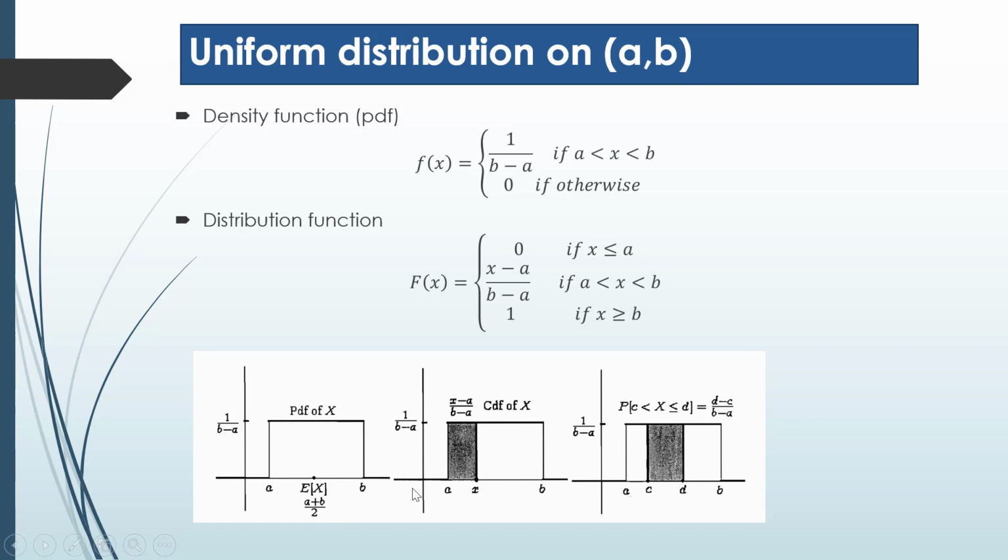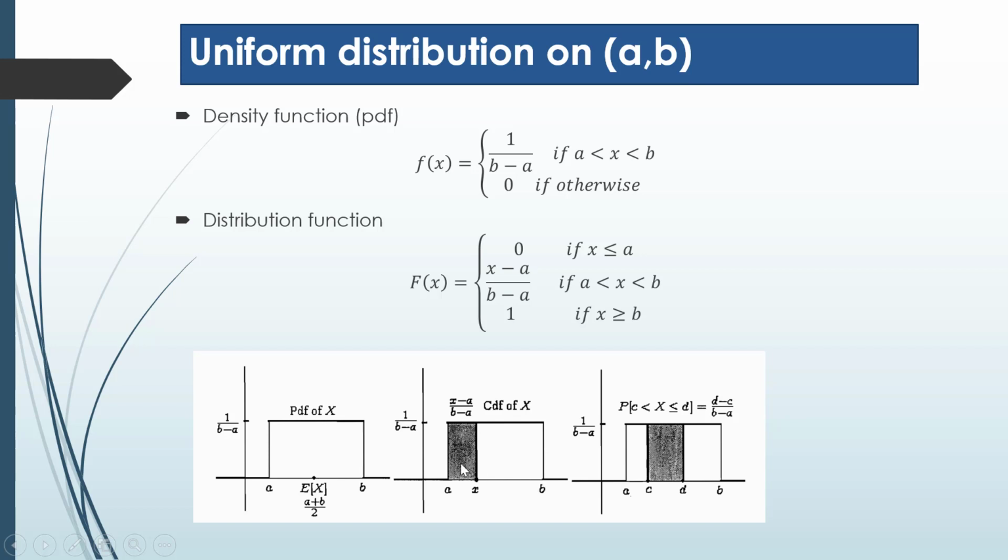For the distribution function, the CDF, basically the CDF is the ratio between the shaded area and the whole area. Here the shaded area is the dark area right here, and the whole area is this rectangle.